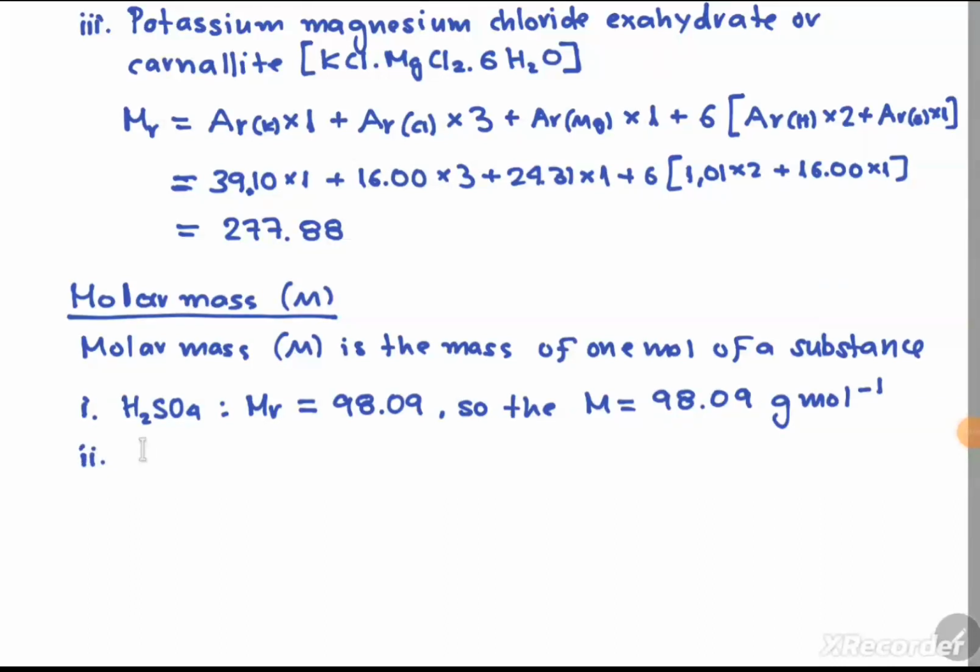Also, for calcium hydroxide, we find MR, so the molar mass is equal to the value of MR in grams mol minus 1.